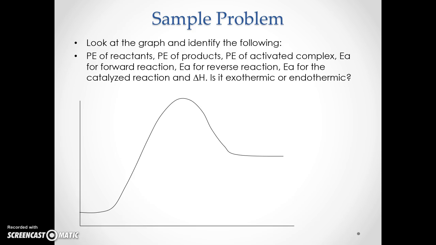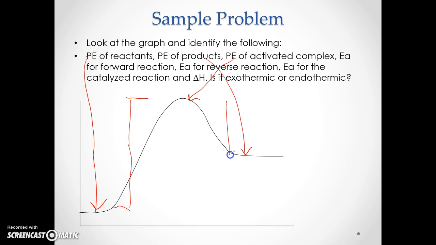And then I'm just going to start drawing lines from these definitions to their places on the graph. Activation energy forward. Oops, didn't quite pick up. Activation energy, if it was to go backwards, it would have to go over this hump here. Let's see, activation energy catalyzed.